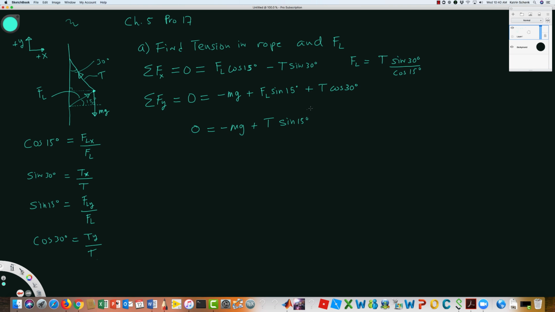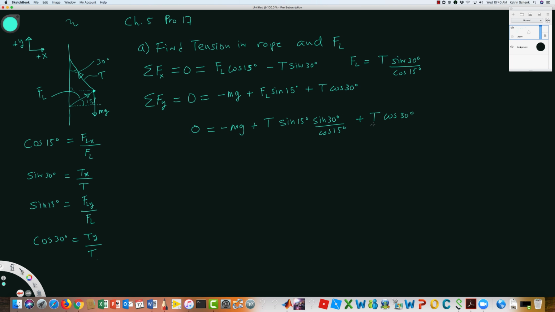Sorry, I'm putting this 15 degrees there first, and then we have these guys, times the sine of 30 degrees over the cosine of 15 degrees, right? So we put everything in here. And then we have also T cosine of 30 degrees.